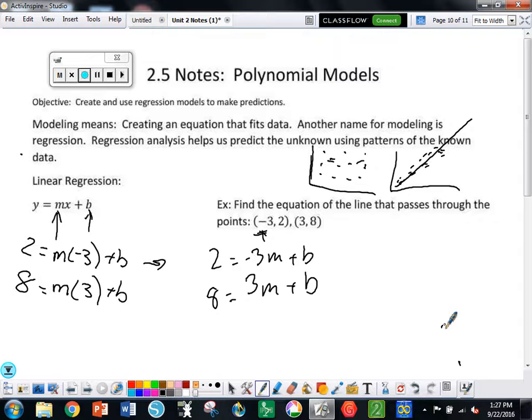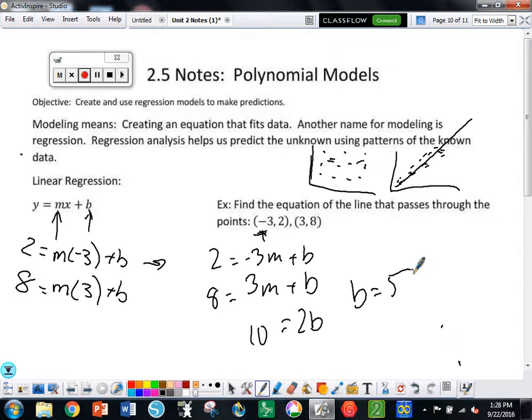So what I would do is say, okay, -3m plus 3m is 0m's. b plus b is 2b, not b squared because we're not multiplying. So this would be equal to 10. What's our b value? 5. Everybody good? Okay, b equals 5.